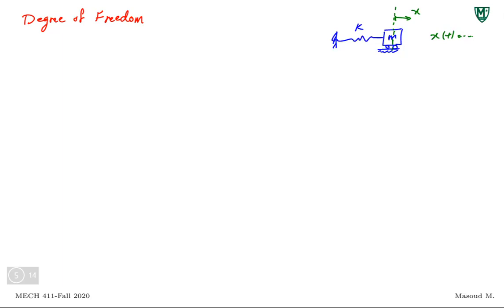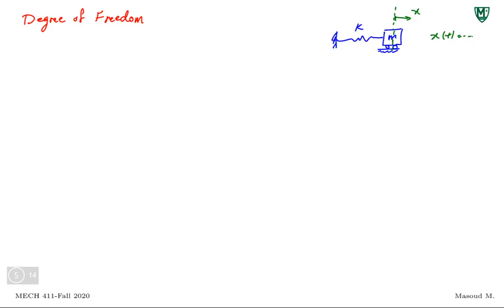That x value was enough to tell us where this mass is. We didn't need to know any other variable. X was enough. And what was x? X was the displacement from the equilibrium point. As long as we knew x, we could fully describe the system's motion.